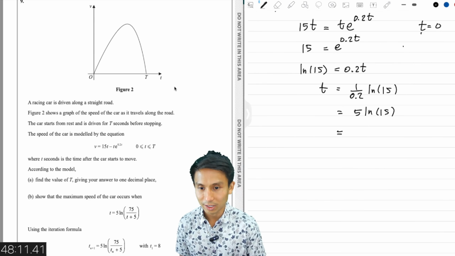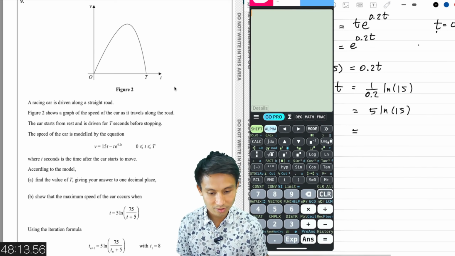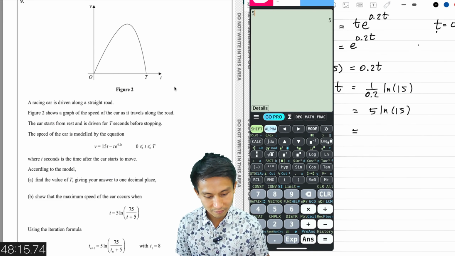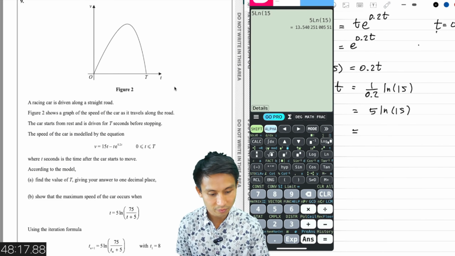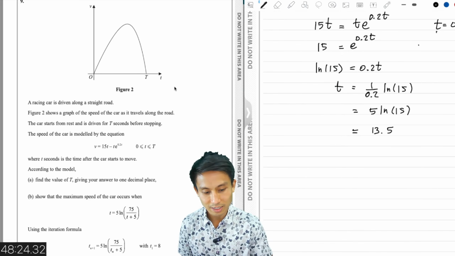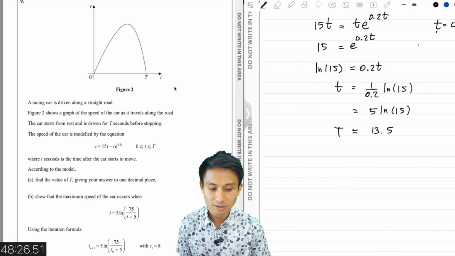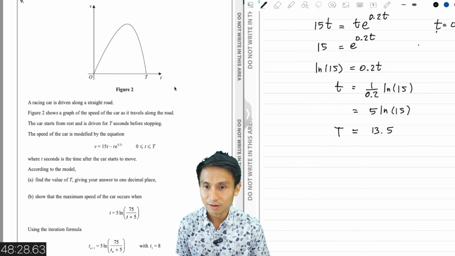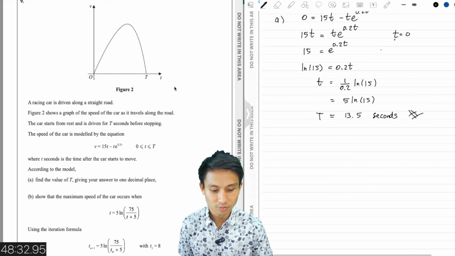But they want 1 decimal place, so 5 ln 15 is 13.5. So the big T equals 13.5 seconds. All right, so that's the answer to part A.